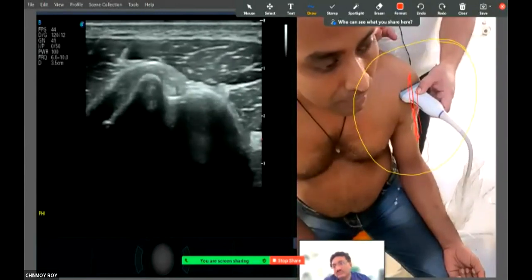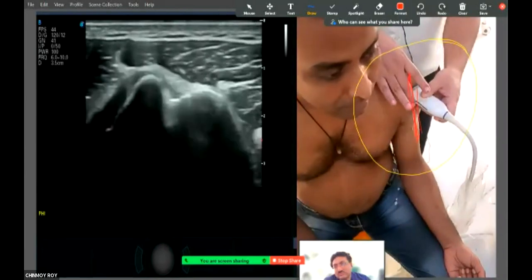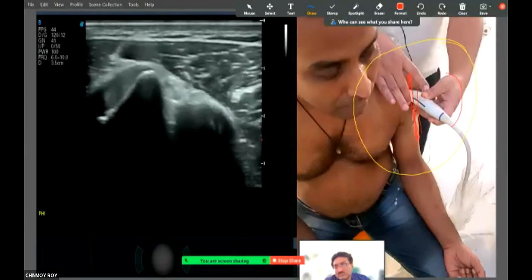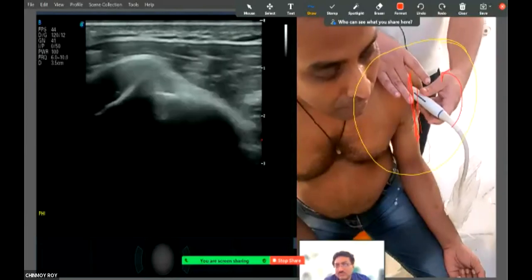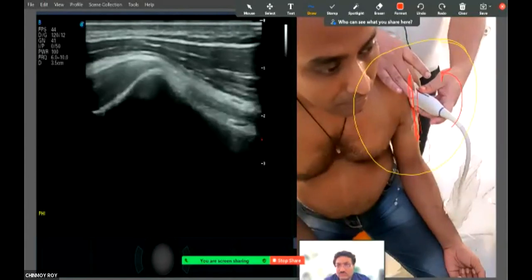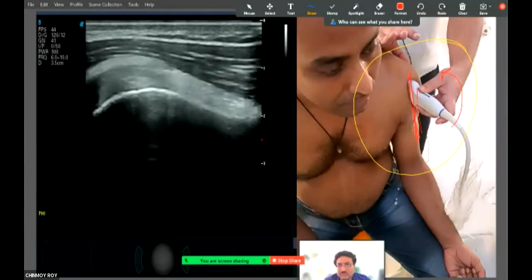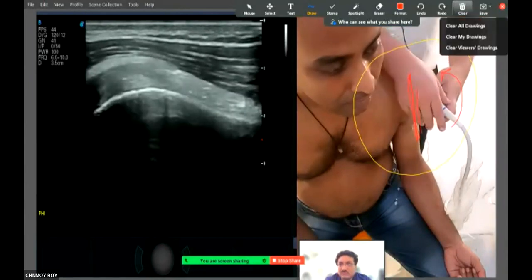So now I will make the biceps in a long axis view, biceps tendon, long head of biceps, in a long axis view. So I will put it in the middle, and I will move my probe. So this one is the biceps tendon.